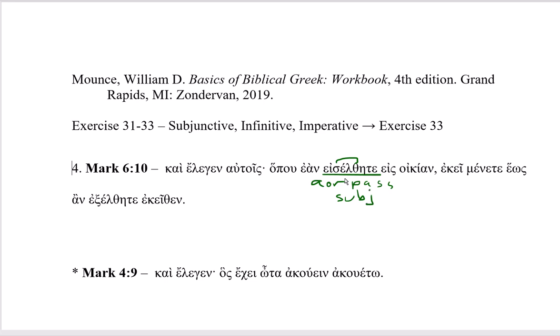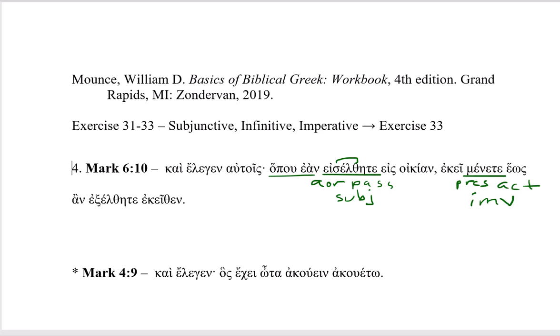And the idea is whenever or when you might enter, we would just say whenever you enter, eis oikian, into a house, ekei there, and then we have menete. And this is a present active imperative. I'll use IMV as an abbreviation for imperative. And menō would be to remain or to abide.